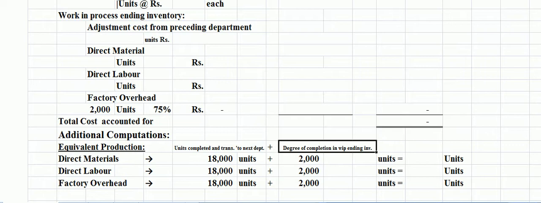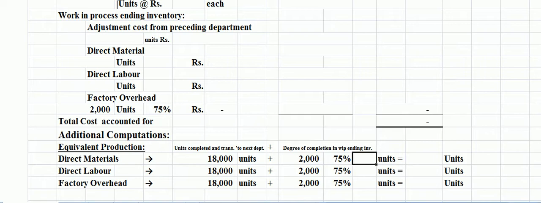Students, we have to write here the degree of completion of work, which is 75% here, 75% here, and 75% here. Now we find the units completed in work in process ending inventory.